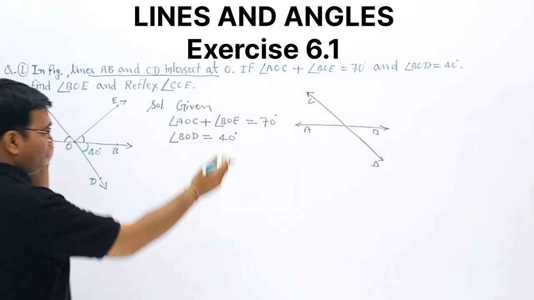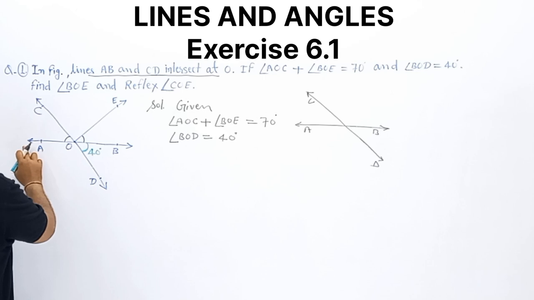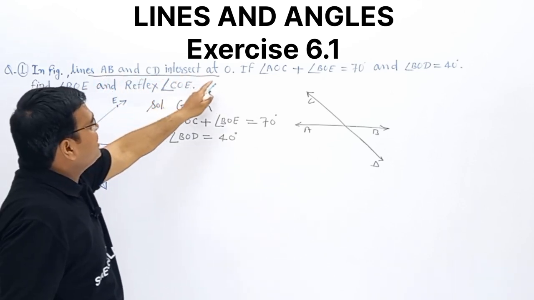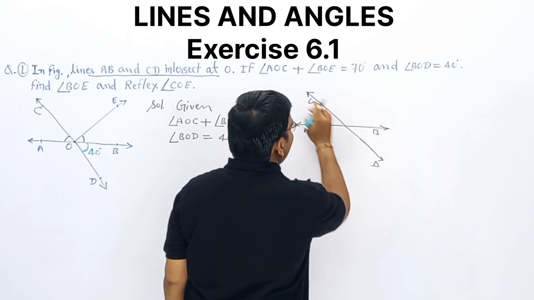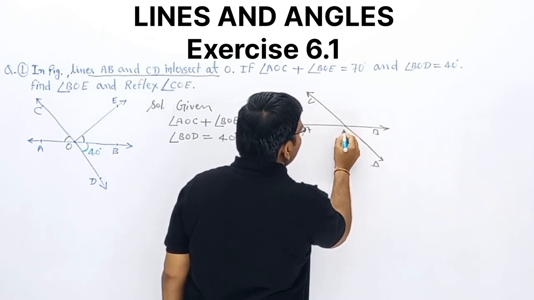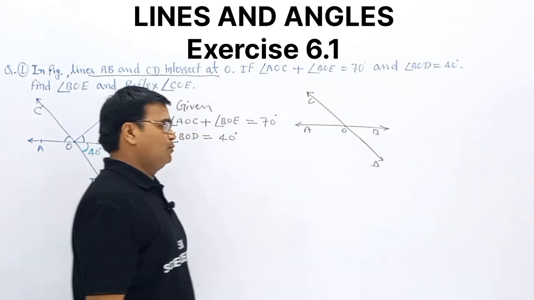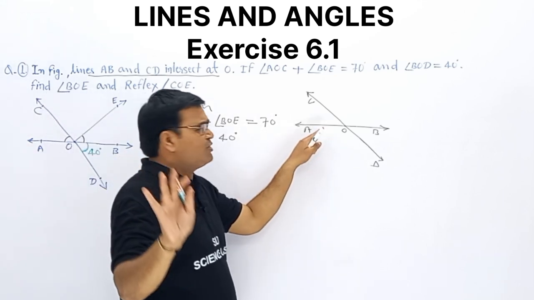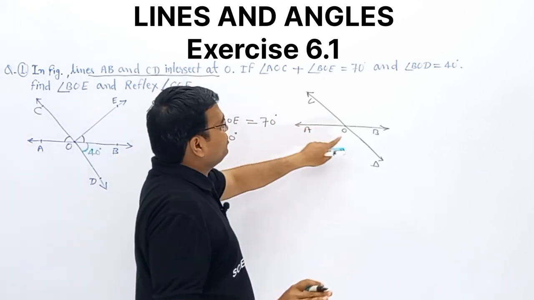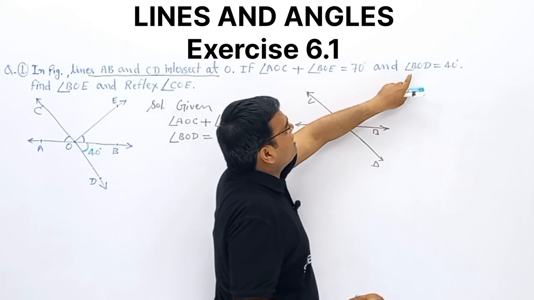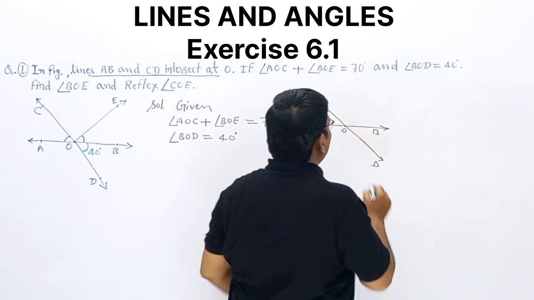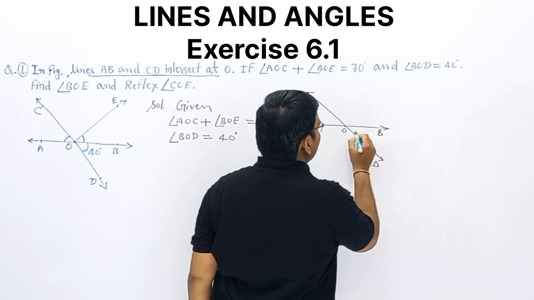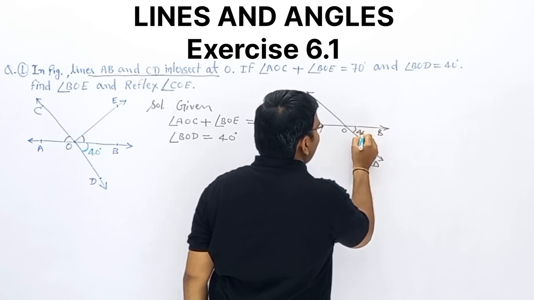I am redrawing. Given: AB and CD intersect at O. In the question, we are also given that BOD is 40 degrees. This is B. This is the 40 degrees we have.